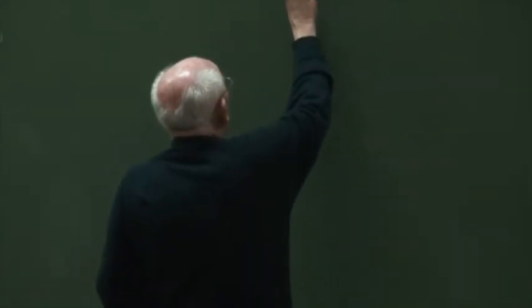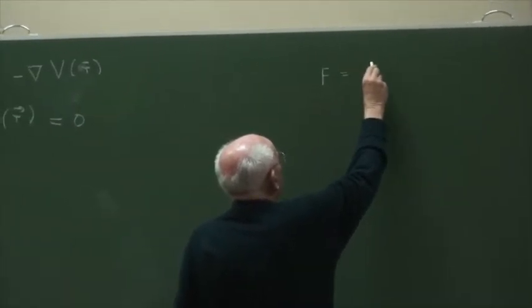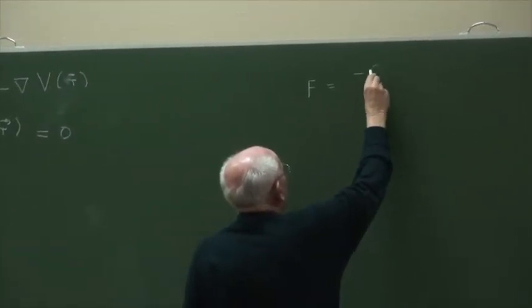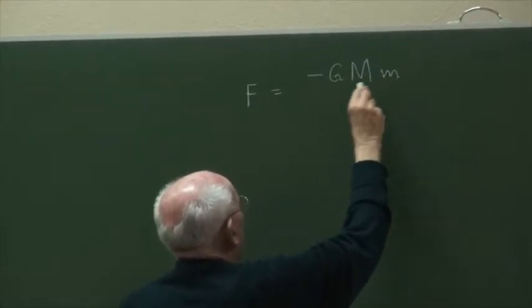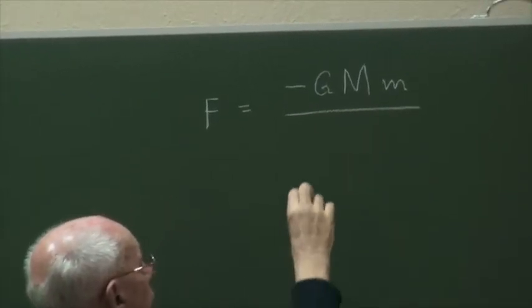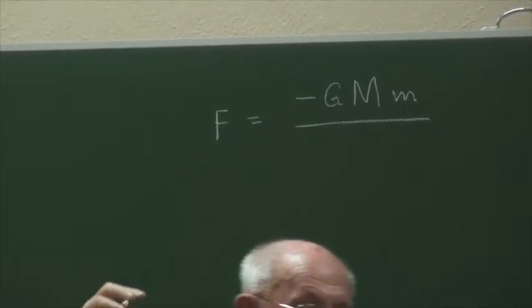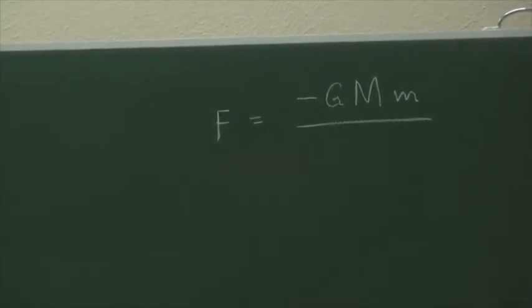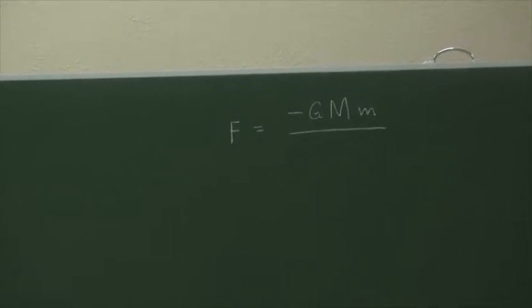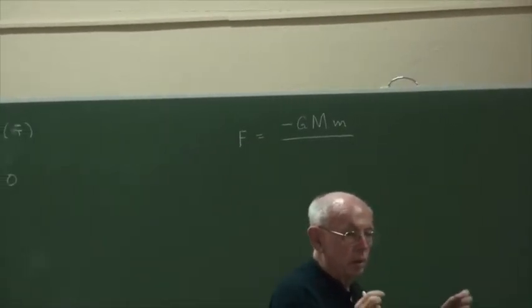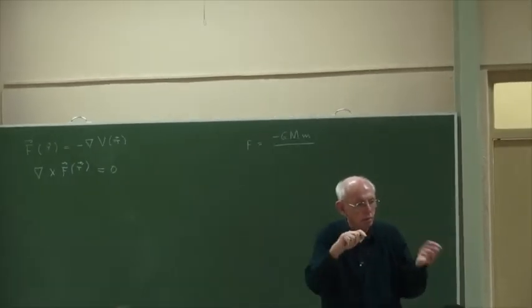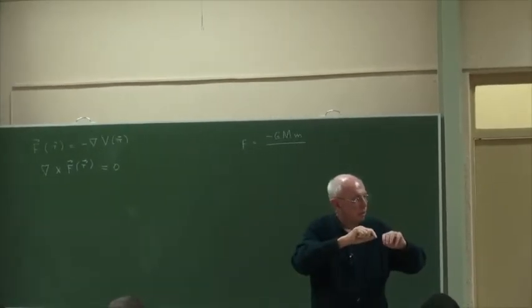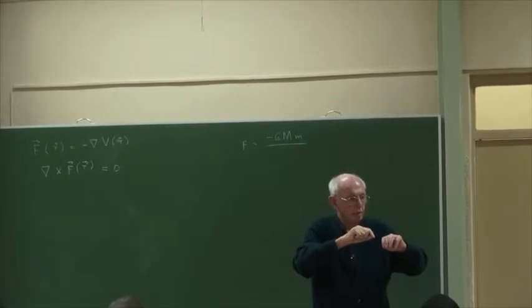Okay, so the force is equal to minus G M over... I'm considering now a big thing and a small thing. If they're equally big, you have to go to the reduced mass. You have to take care of the movement of the center of mass as well.